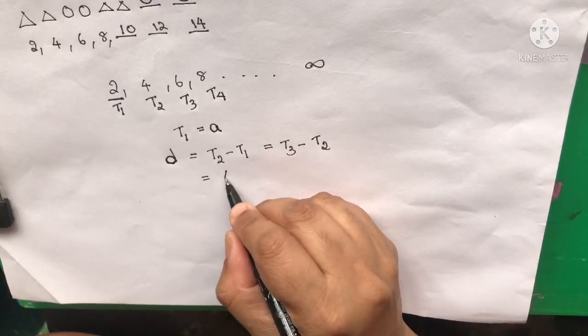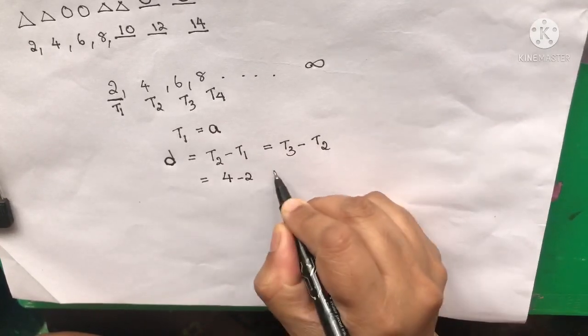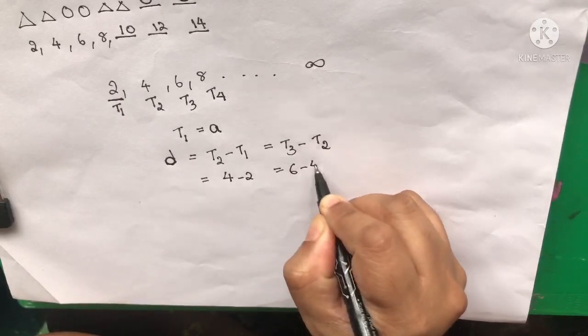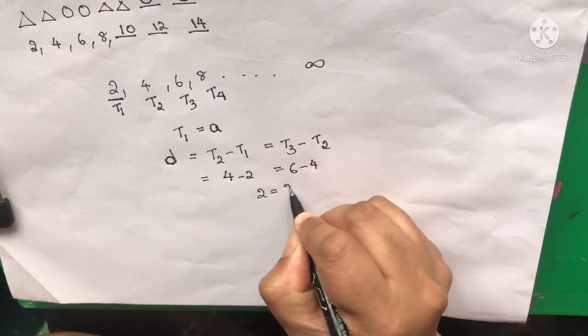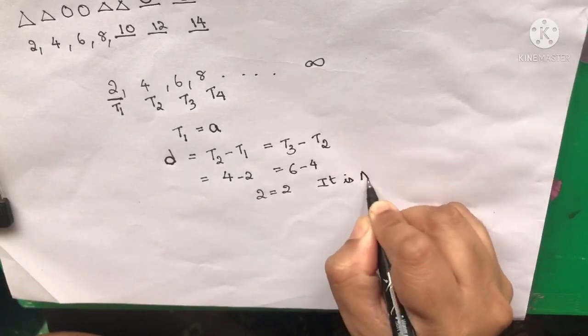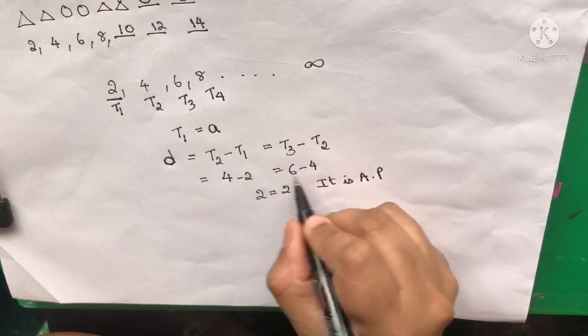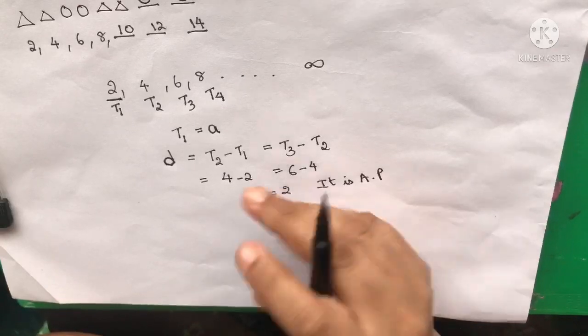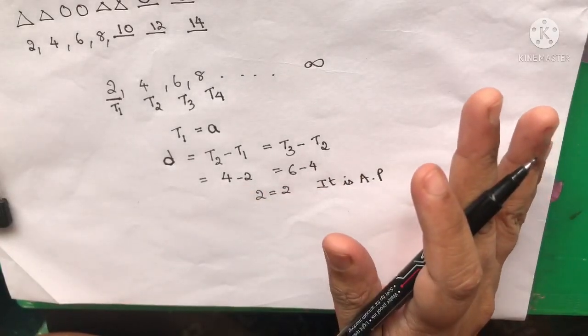Therefore, in this case 4 minus 2 should be equal to 6 minus 4, which is coming as 2 equals 2. Therefore, it is AP. If this did not come equal, then it is not an arithmetic progression.